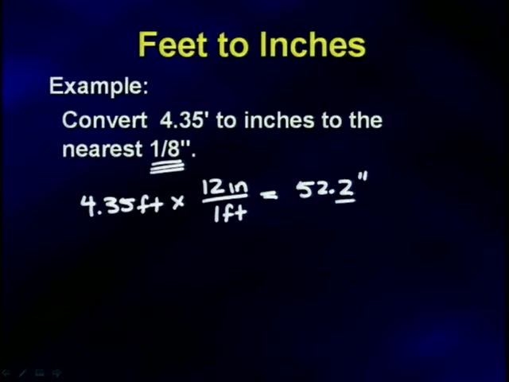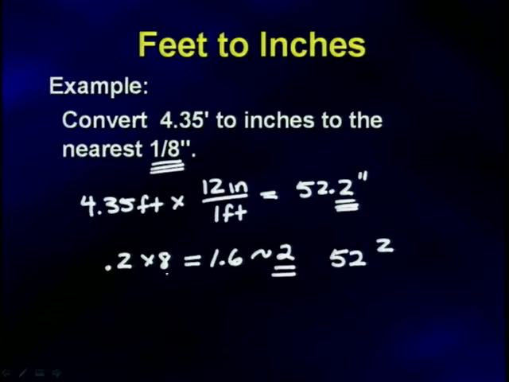So I need to change this decimal part to the nearest 1/8 of an inch. So we're going to do what we learned to do previously, multiply that by 8, which gives you 1.6, and you can round that to 2. So that would be 52 and 2/8 of an inch.